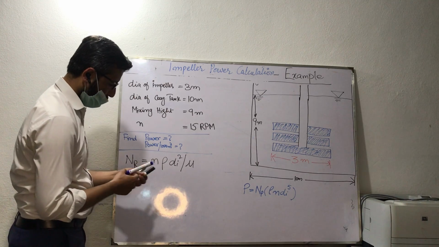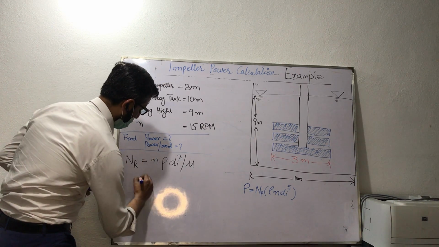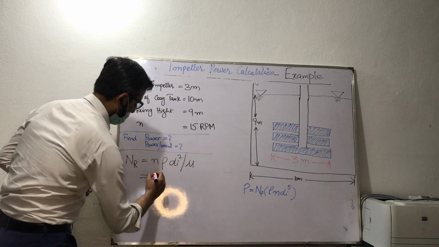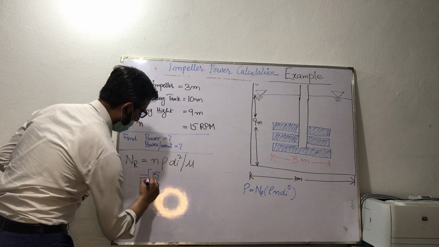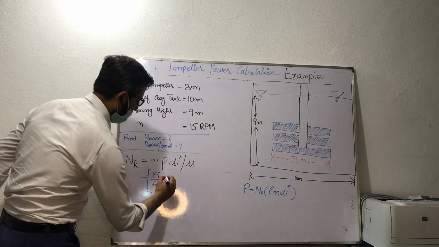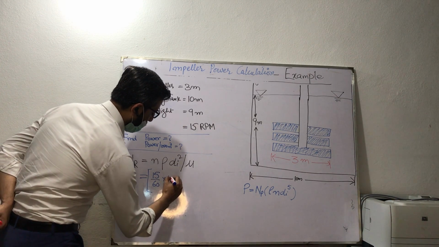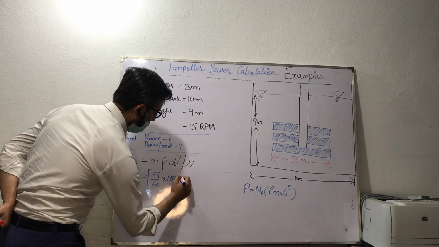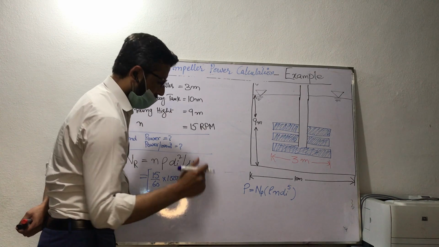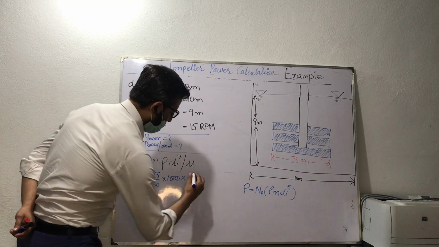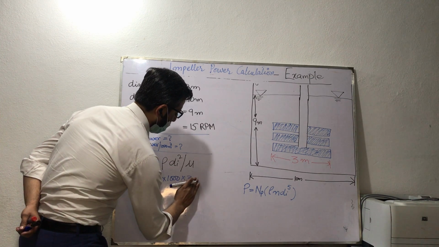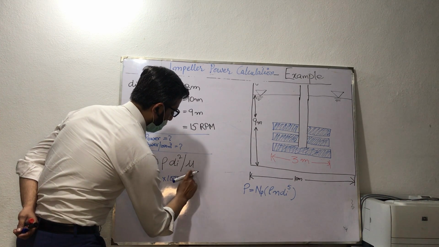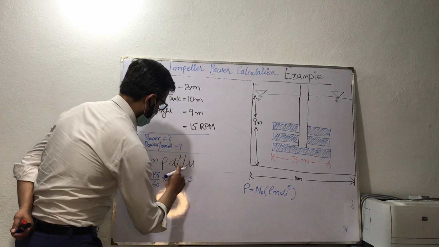So if we put these values into this formula, we have 15 RPM. If we convert it to RPS, then we have density of water as 1000, then we have the impeller's diameter as 3 meters.